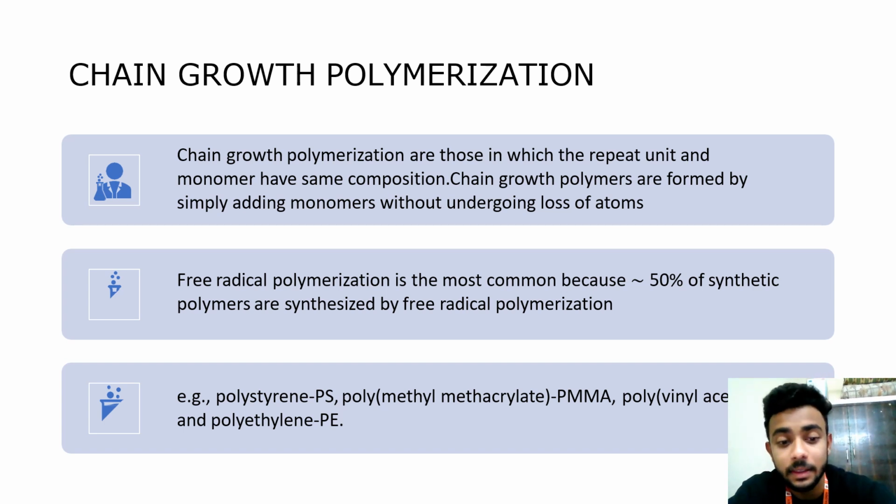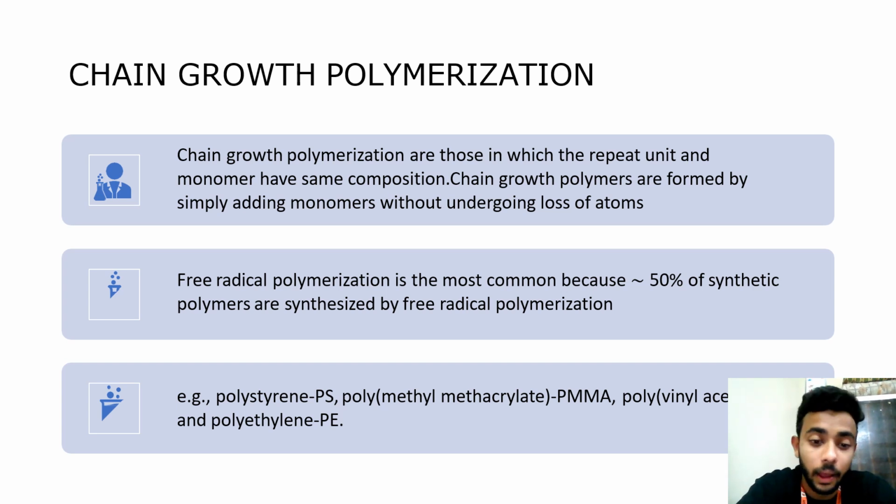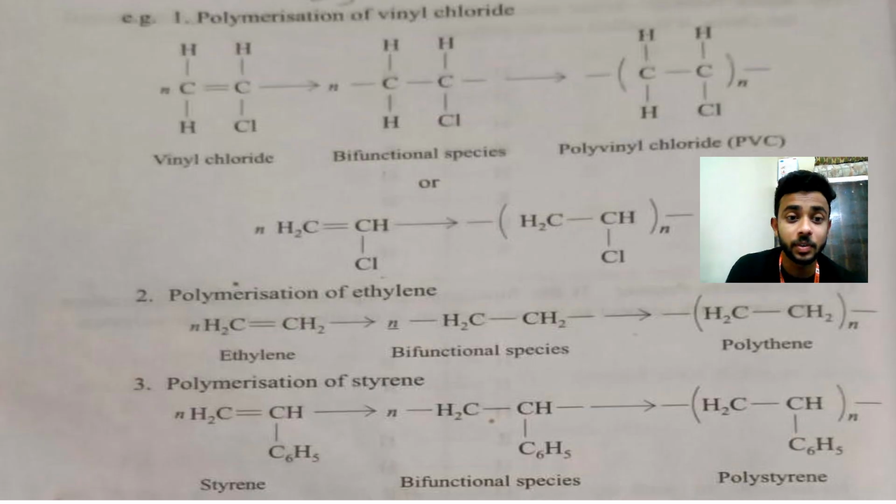Here are examples of chain growth polymerization: polystyrene, polymethyl methacrylate, polyvinyl acetate, and polyethylene.